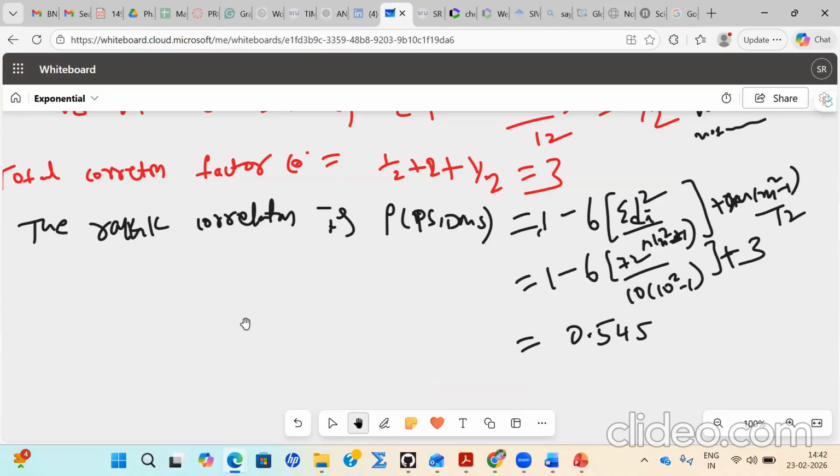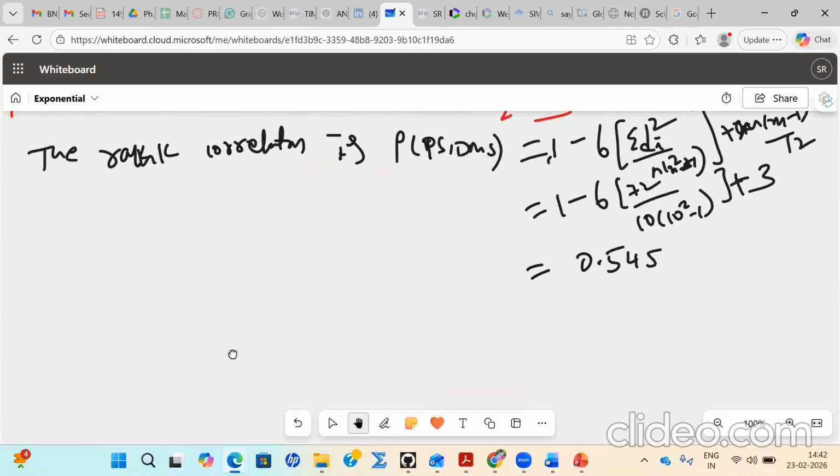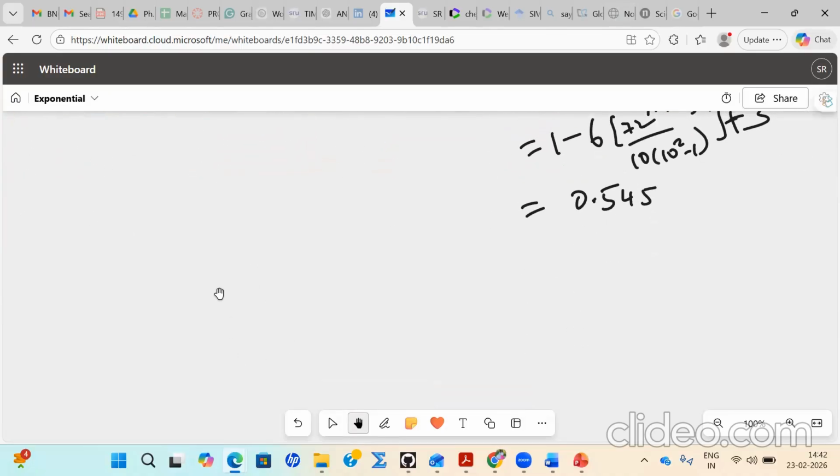Sometimes you may have multiple parameters, meaning you have to calculate each correlation. They can give you the ranks directly. Now I'll give you ranks.